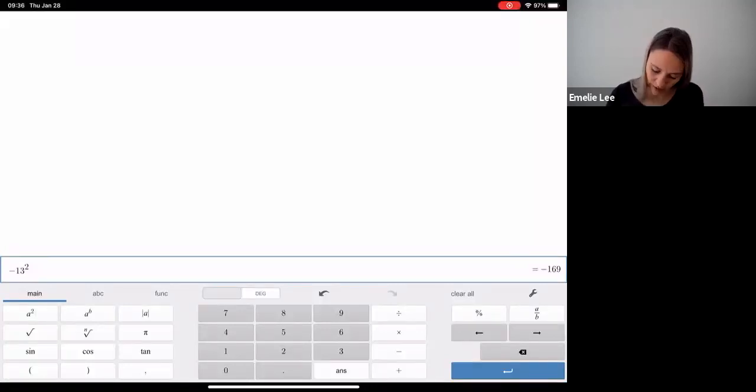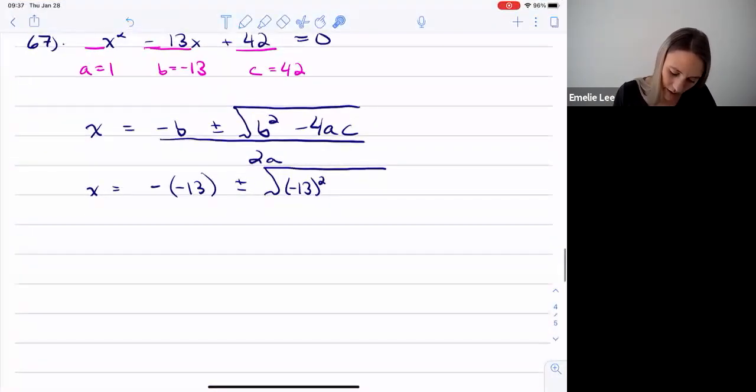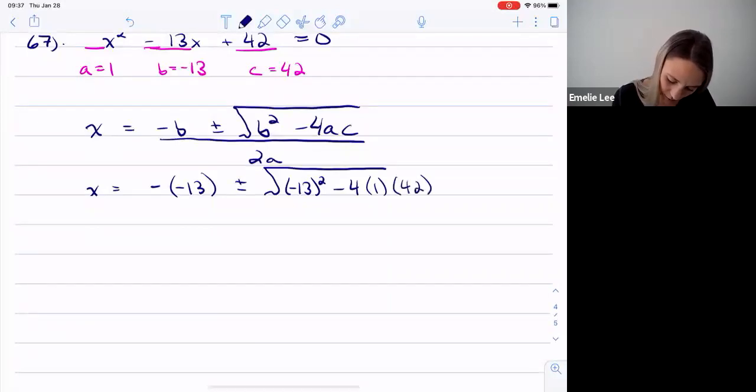So what I have to do is make sure that I keep the negative 13 inside brackets and then square it, because you don't want your calculator doing something incorrectly. It's doing it correctly, but it's keeping the negative on the outside, so you want to force it to be inside the square. Okay, so minus 4 times a, which in this case is 1, and c, which in this case is 42.